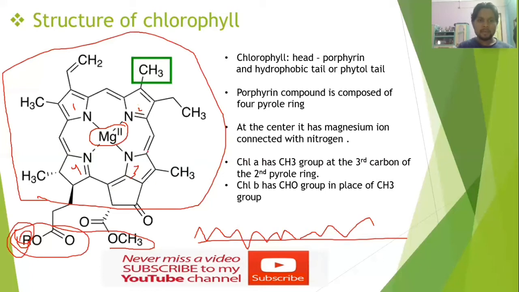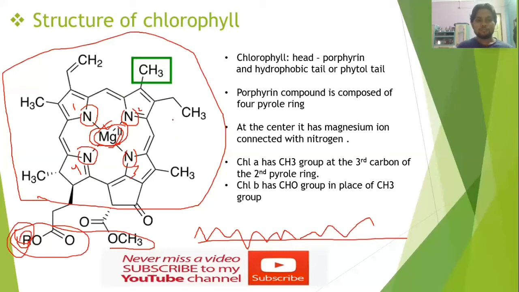These are connected by nitrogen atoms, and in the center of the porphyrin head we have a magnesium ion which is connected with the four nitrogens, and by these four nitrogens magnesium is connected with the porphyrin ring. This magnesium ion helps to absorb the light, and it also stabilizes the structure.